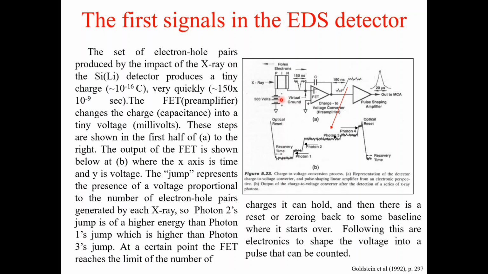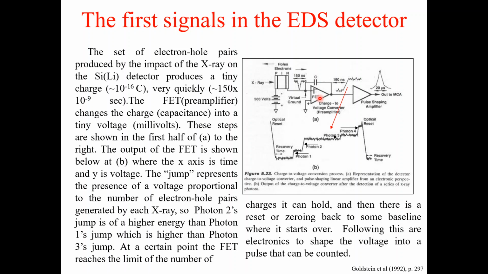That is also mentioned. The field effect transistor, which acts as a preamplifier, converts the charge, that is the capacitance, to a tiny voltage, normally in the millivolt range. Here you can see it.